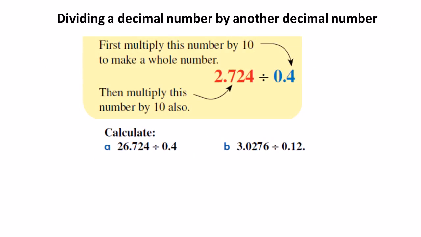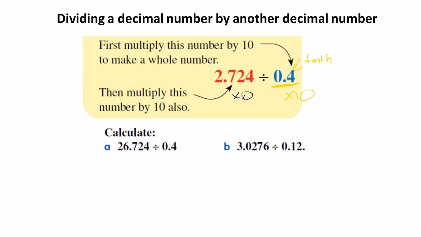Okay, dividing a decimal number by another decimal number. What we need to do is, when we look at the divisor part, which is in this case a decimal, we look at the last number and what place value it is in. In this case, it's a tenth. We want to make this number a whole number, so we multiply it by 10. If we multiply that by 10, we have to multiply the other one by 10 as well.